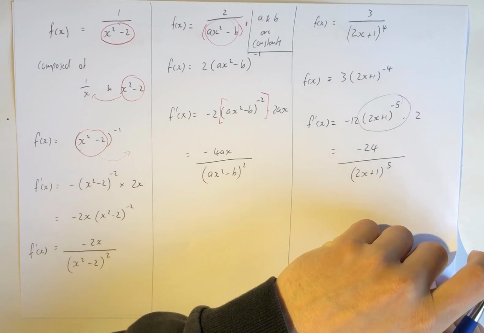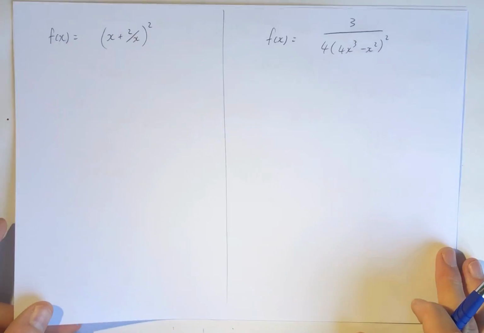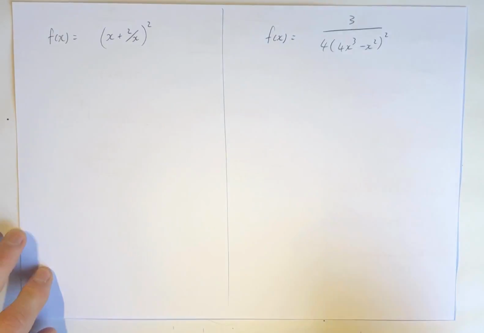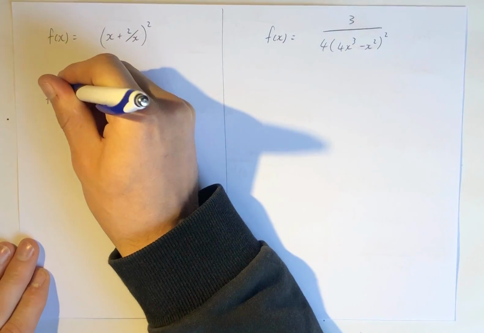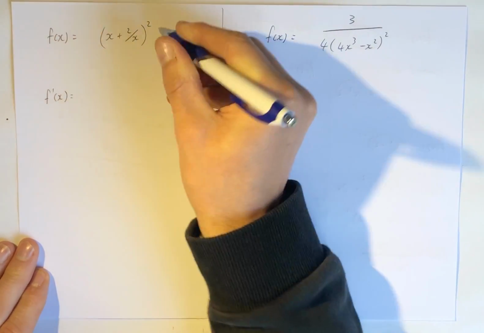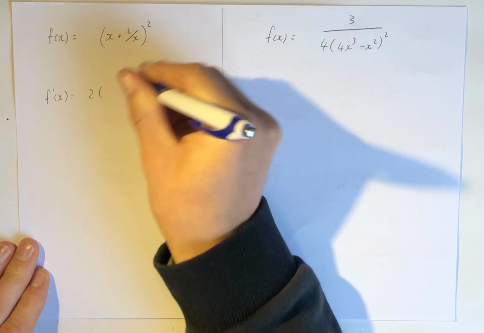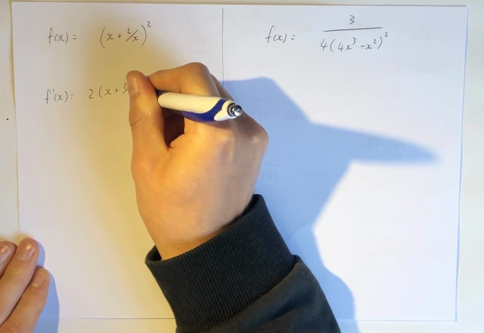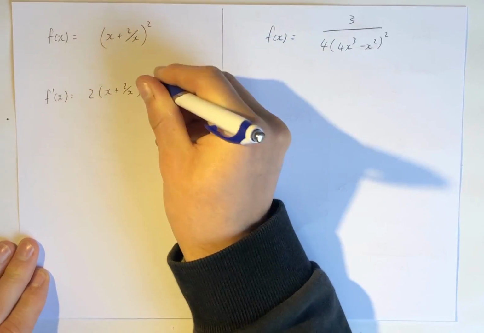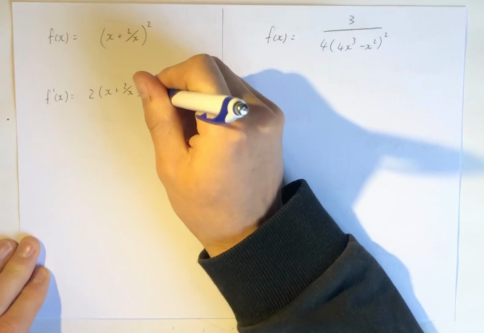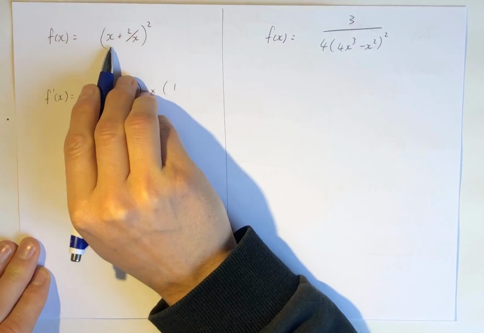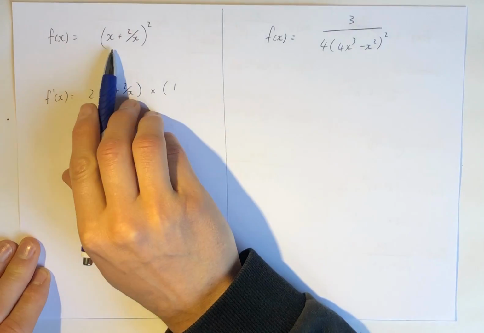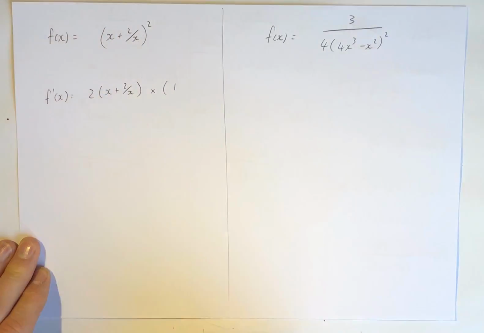The other two, I'll do now. This is already written in power form, so my derivative is going to be 2 lots of this thing. Reduce the power, so it's just got a 1. Now I need to multiply by the derivative of the inside. That's going to be 1, because the derivative of that is 1. But what's the derivative of 2 over x?